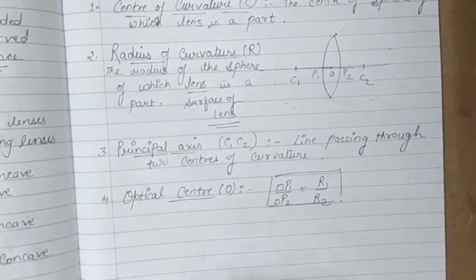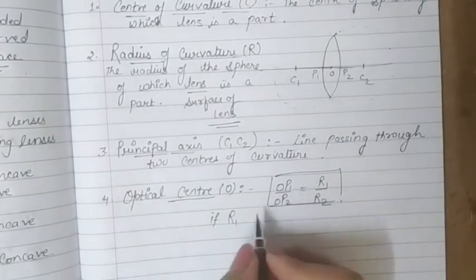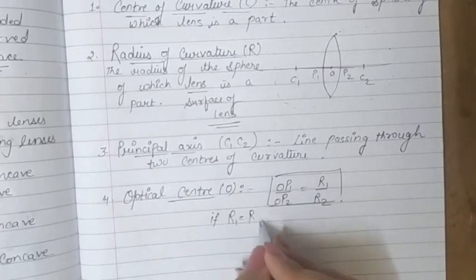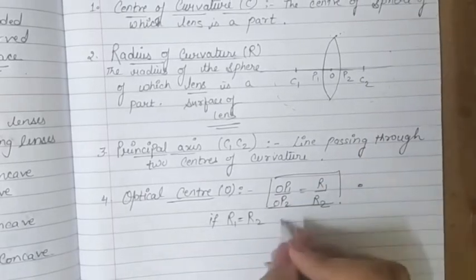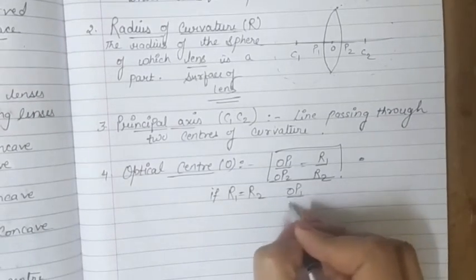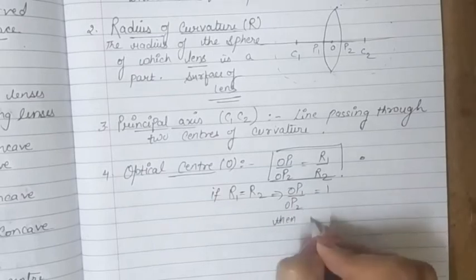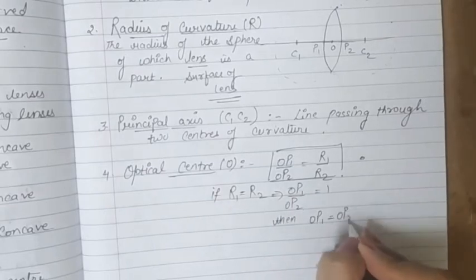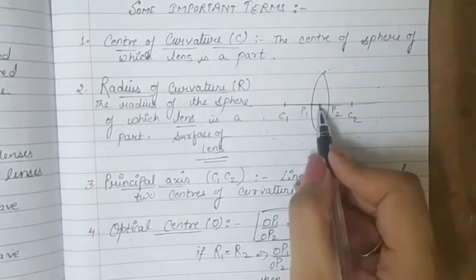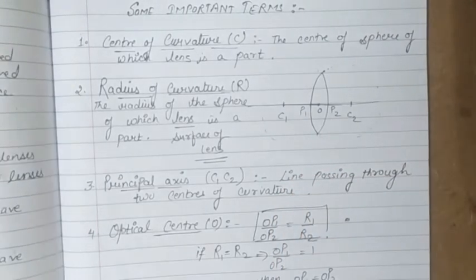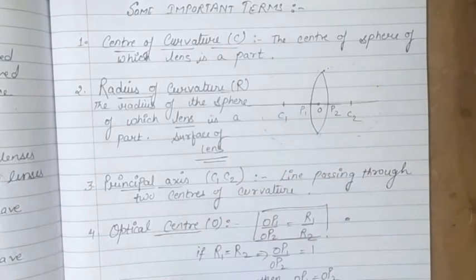Now if R1 and R2 are equal, if we have a lens which has both radii of curvature the same, in that case this ratio will be, or we can write it as OP1 upon OP2 is equal to 1. Then in that case OP1 will be equal to OP2, and the point O will lie exactly at the center of this thickness, at the middle of this length P1 P2, and this is the point which is also known as the geometrical center of the lens.